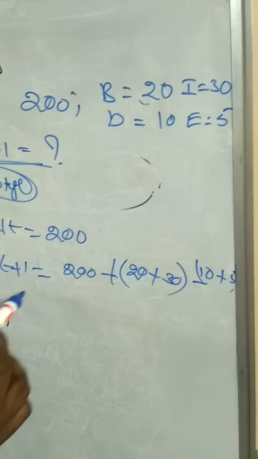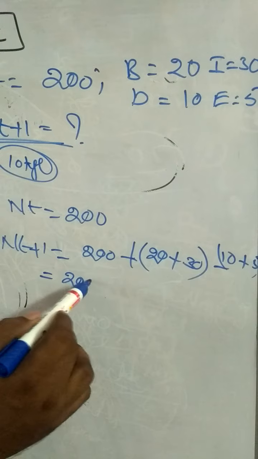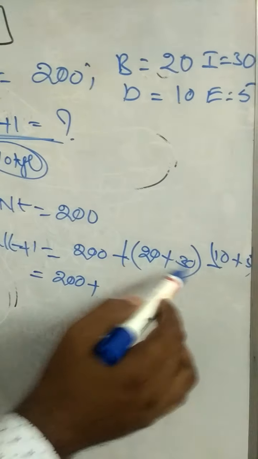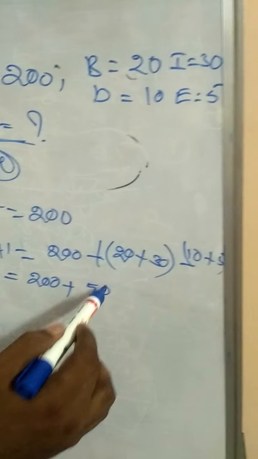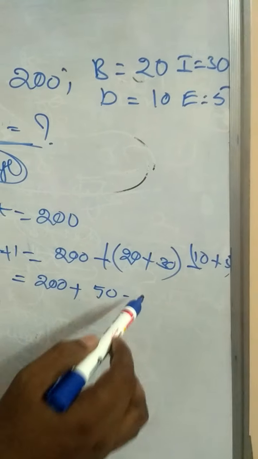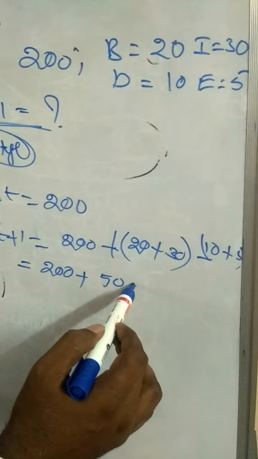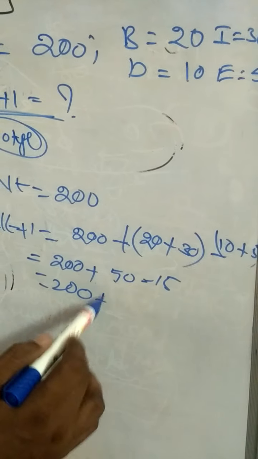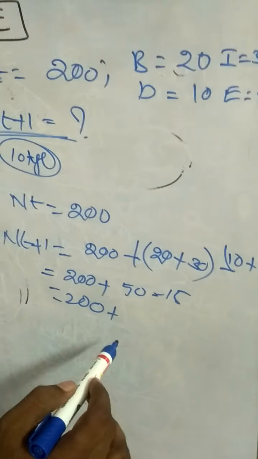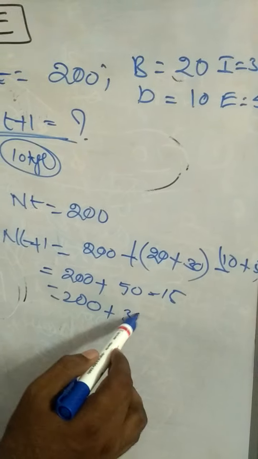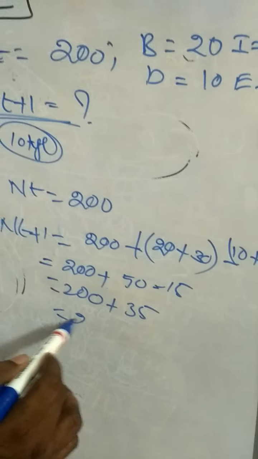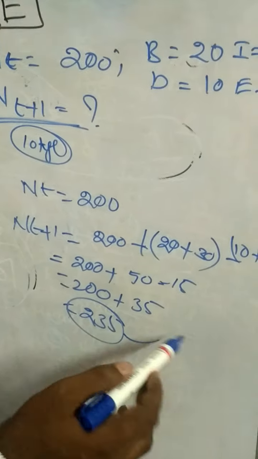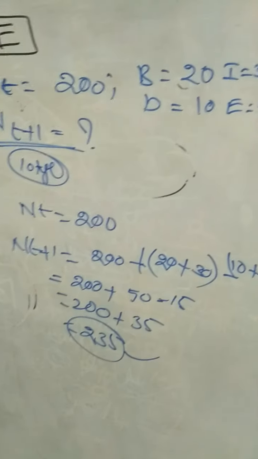That is equal to 200 plus 20 plus 30, 50, minus 10 plus 5, 15. 200 plus 50 minus 15. 50 minus 15 is 35. That is equal to 235.